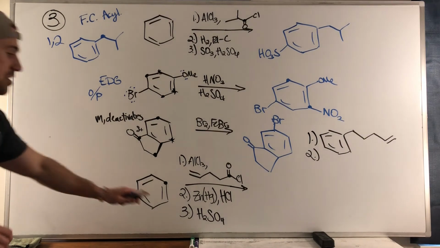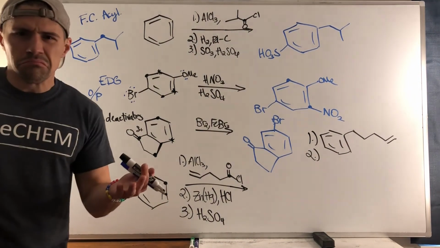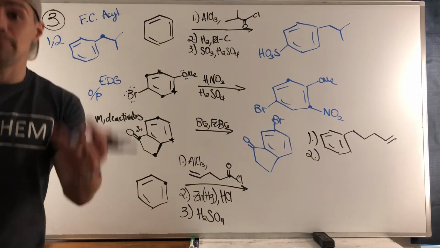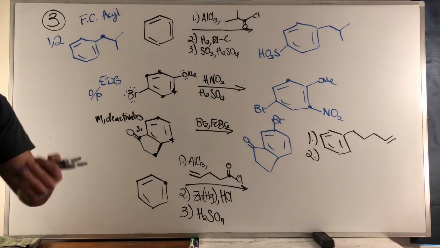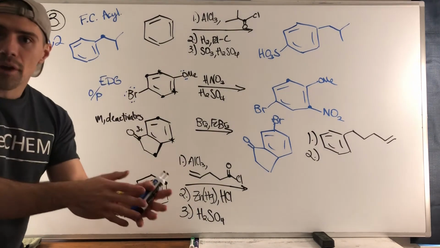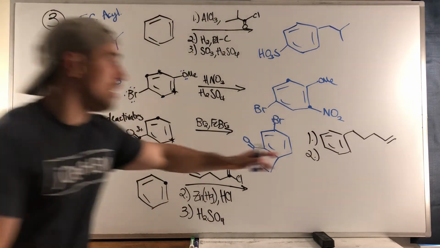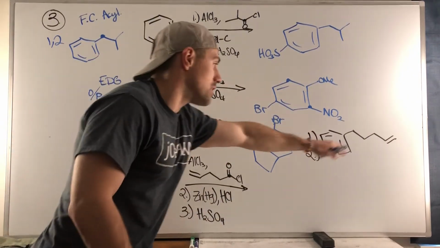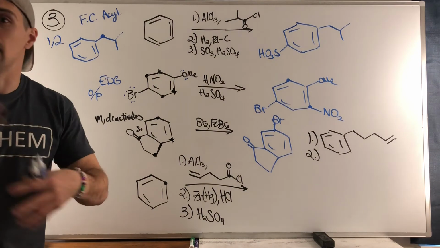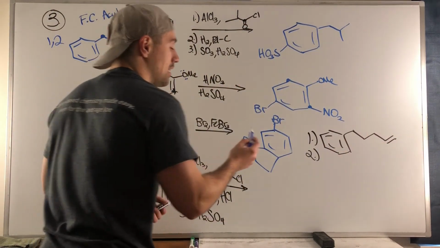Now, this last step, H2SO4, doesn't really pop out to you. You're like, what reaction did I learn? What happened here? So, just take this back to your OChem 1 knowledge, or just generic organic chemistry knowledge. We have acid, and we're not going to touch the double bonds in the benzene ring. We know that would mess with the aromaticity, but what's going to happen is we're going to protonate this double bond right here.